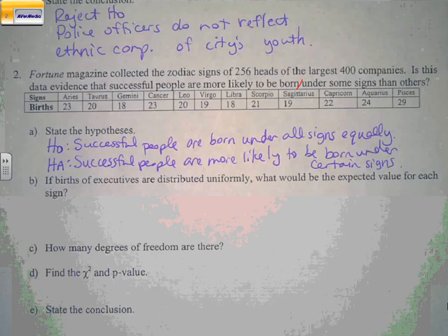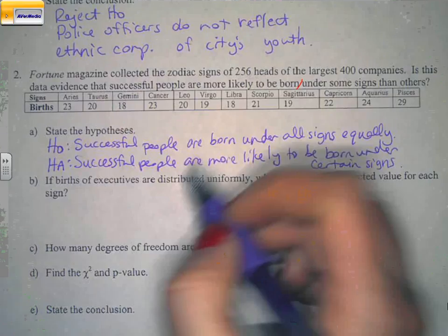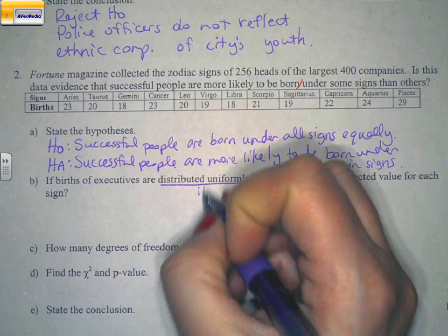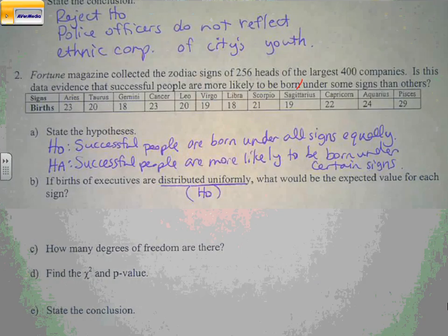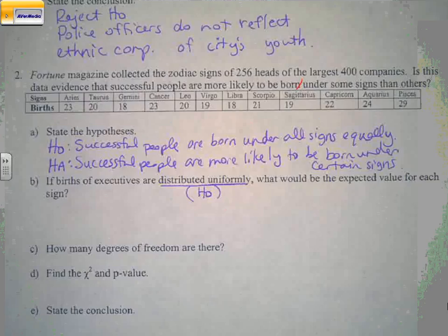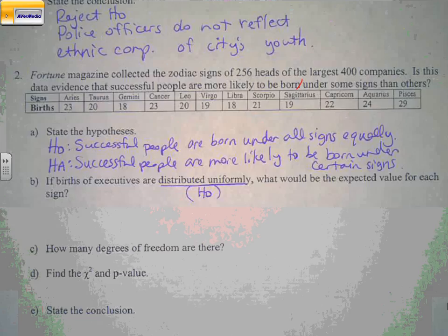Okay, so it says if the births of executives are distributed uniformly, what would be the expected value for each sign? So distributed uniformly, that's the same thing as all signs are equal. That's our null hypothesis. If there are 256 people in our sample, and we expect each category to be about the same, how can you figure out how many you expect to see in each category?